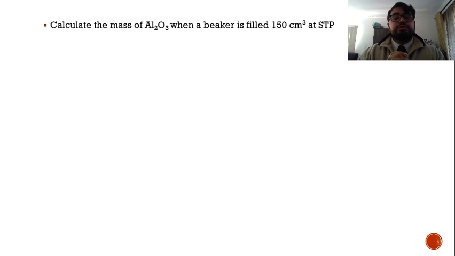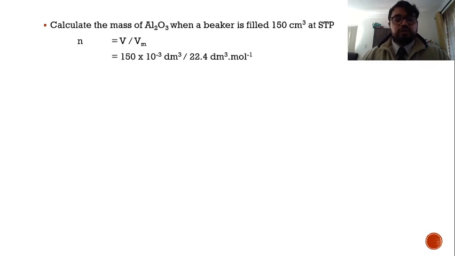So we're going to divide by 1,000 to get our decimeter value. The first thing we're going to do is write down our formula. Number of moles equals volume over molar volume.